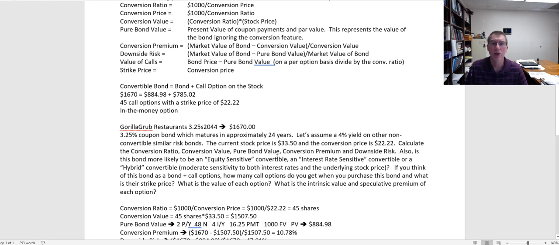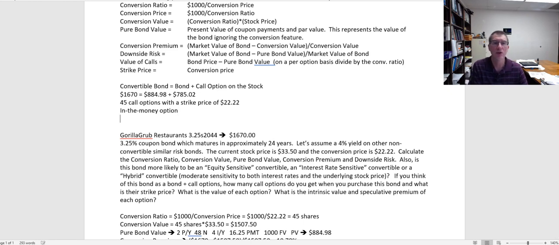Because the current stock price is $33.50 and the strike price is $22.22, the intrinsic value, and remember it's a call, so the intrinsic value is equal to the maximum of the current price of the stock minus the strike price, or 0.